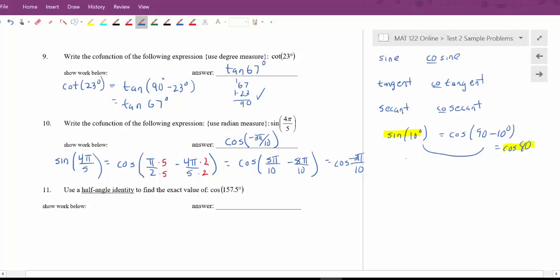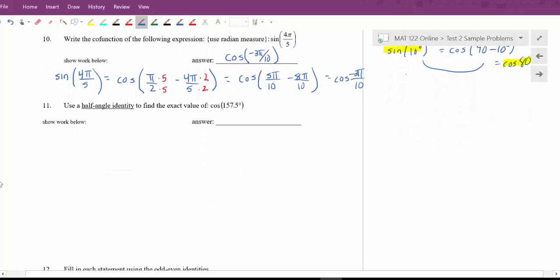Now we're going to look at a half angle identity. Again, I will be kind enough to give you the half angle identity. So the half angle identity for a cosine goes like this. The cosine of an angle over 2, half of the angle, is equal to plus or minus the square root of 1 plus cosine alpha all over 2.